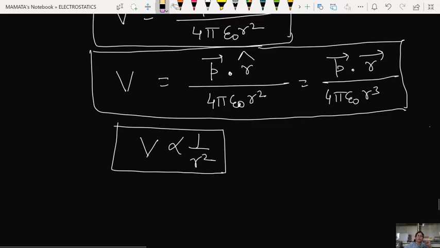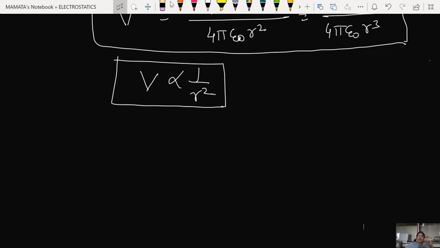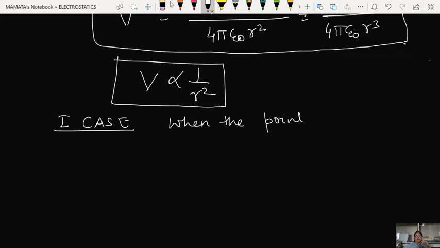Now we study the cases related to the dipole. First case: when the point P lies on the axis of the dipole.